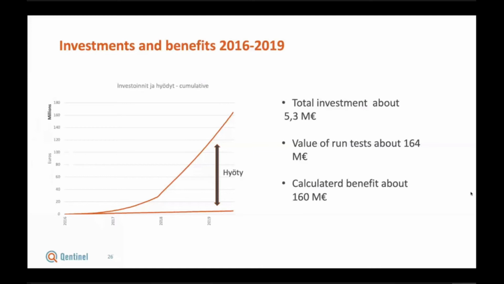So the calculated benefit of actually implementing test automation with us and with Robot Framework and the other tools that we're using is about 160 million in cumulative euros.